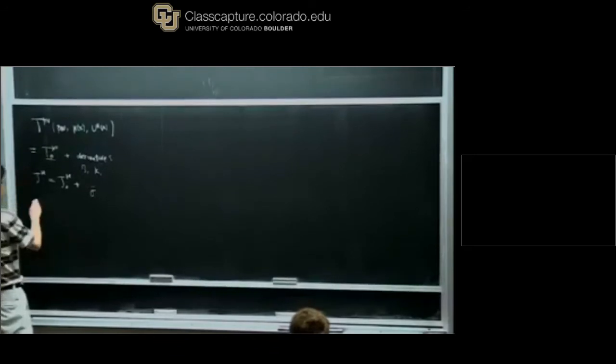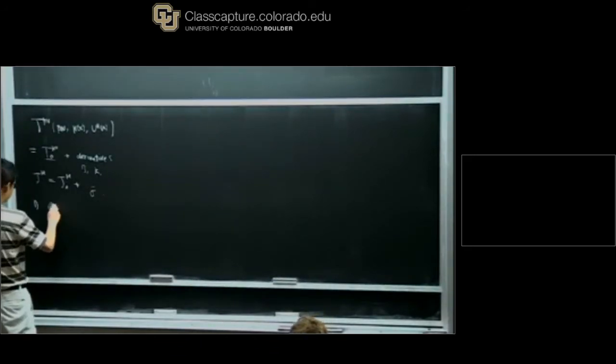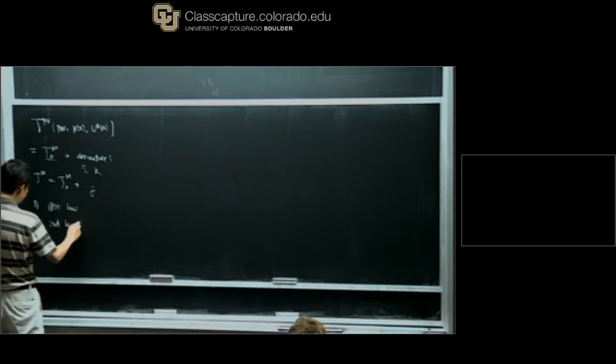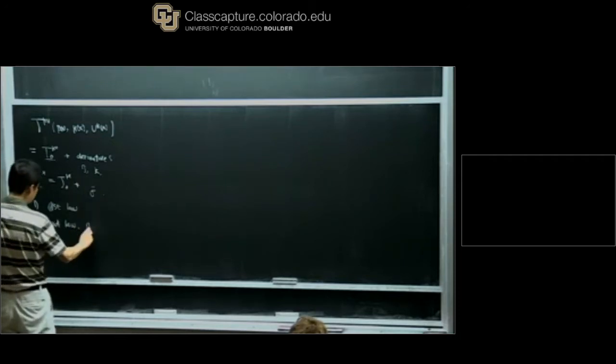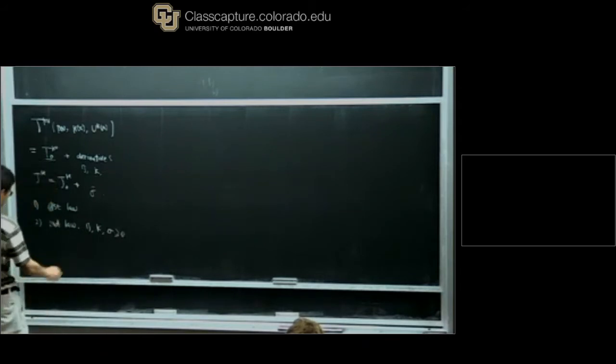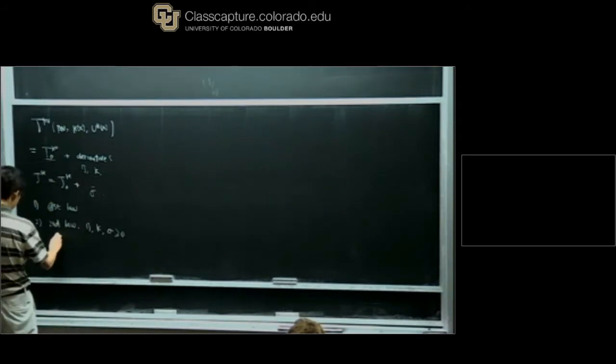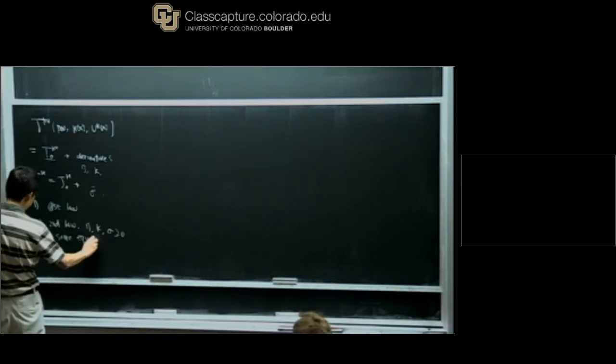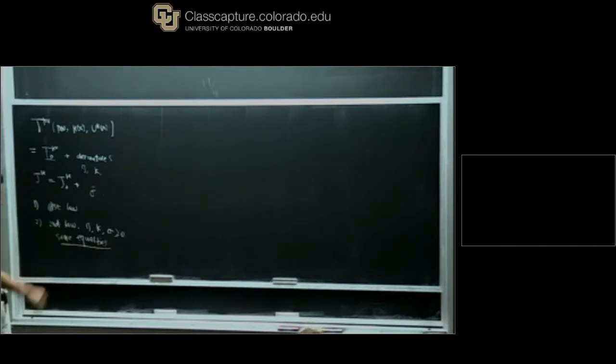The phenomenological constraints are the first law, and then the second law. The second law will impose that eta, kappa, sigma are all greater than 0. And also there are some equalities. For example, some terms are just not allowed, and there are also some equalities among different coefficients.